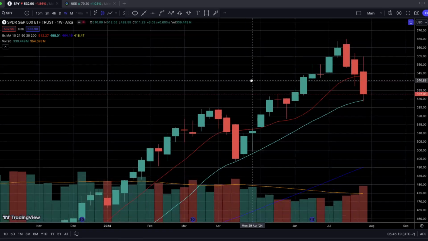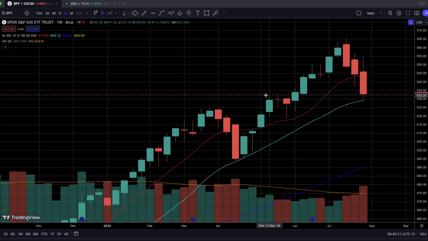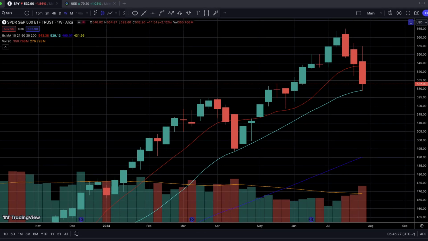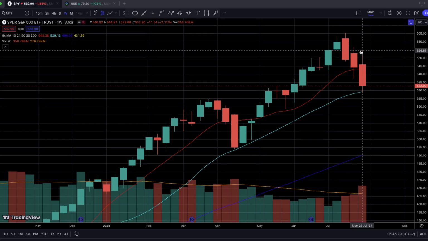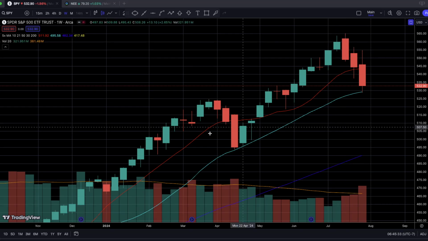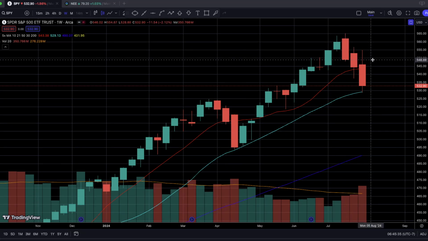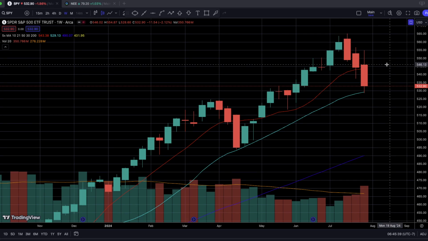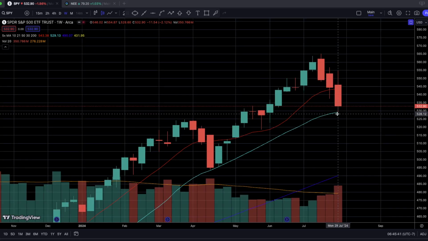Now, does that mean we're going to get an immediate V-shaped recovery bounce like we saw back in April? No, right? We don't always see the market repeating, but we do see it rhyming, just like what we saw right over here. With the S&P 500, there is a chance that we can see some sort of basing price action this week.